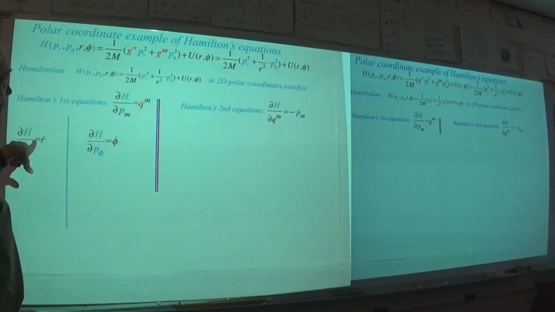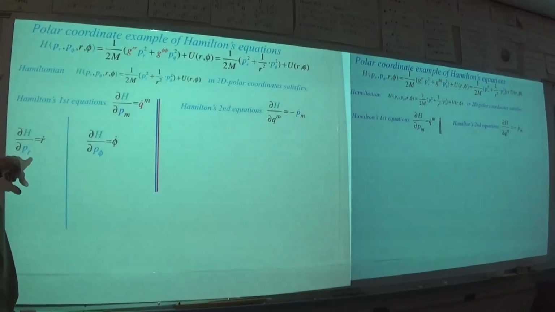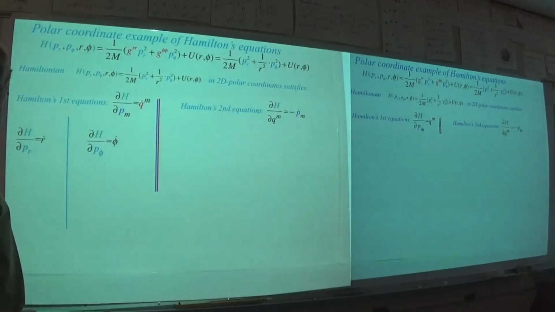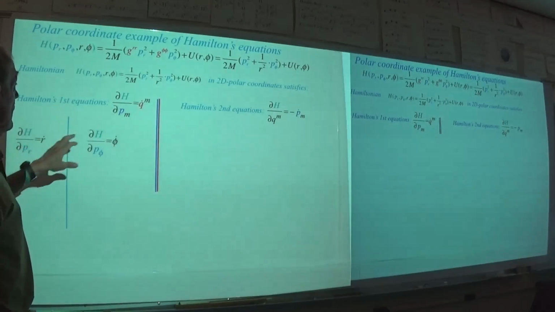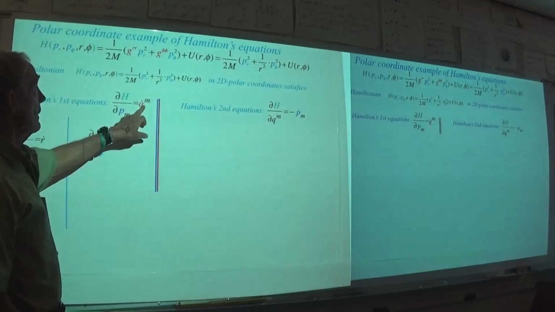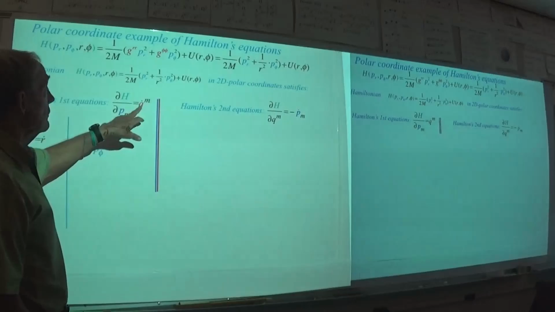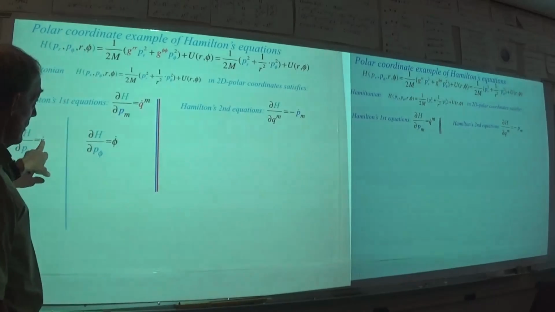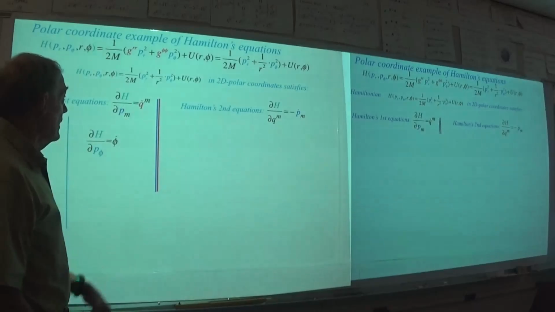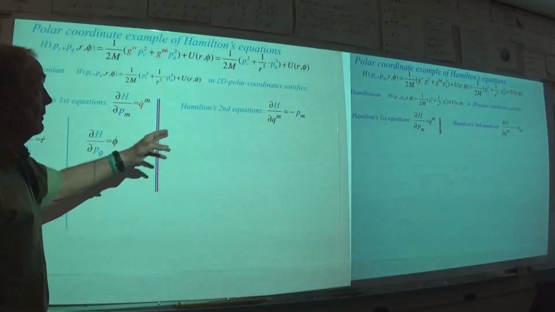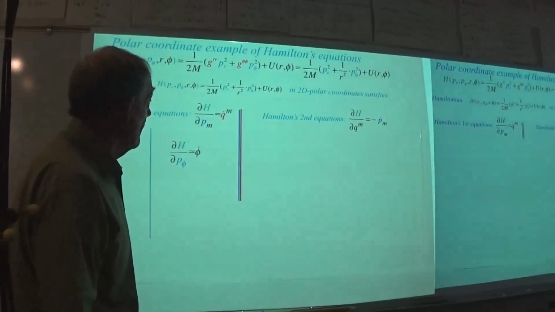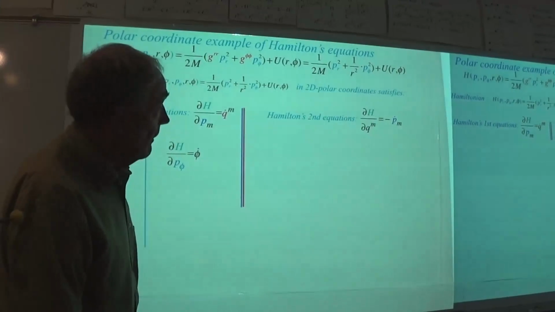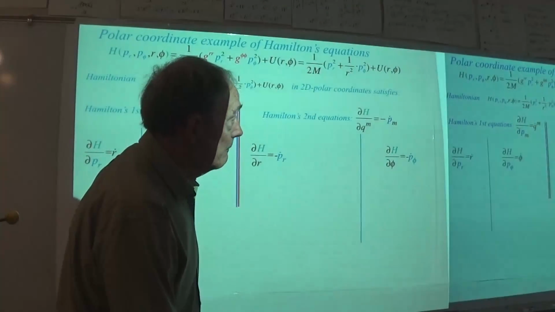What I'm noticing here, partial H with respect to pr, okay, let's see if I've got that, right here. This is the equation where r is our number 1 coordinate. So this is r dot, this is phi dot. I'm just writing down that first equation, and then the second equation is going to be done with the other parts of the component, angular and radial. Let me keep up.